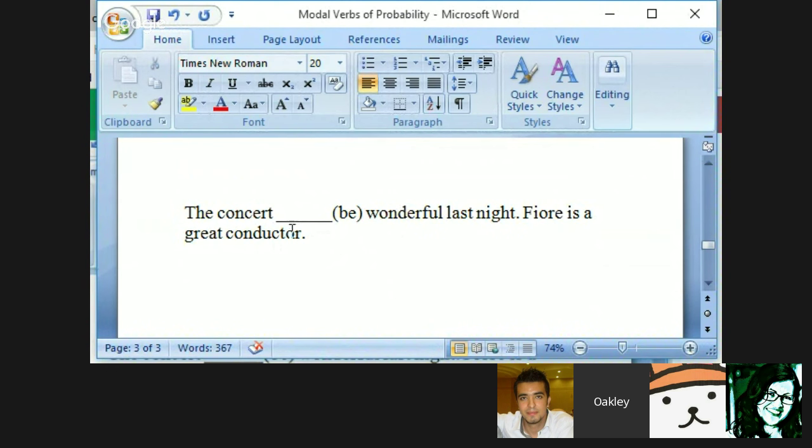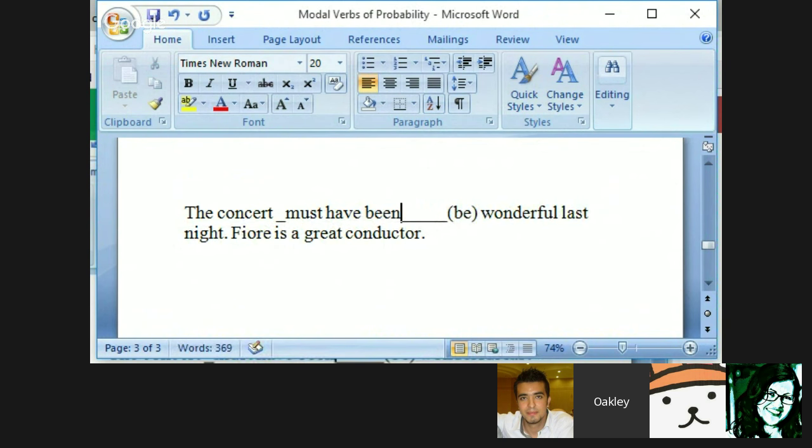Okay, Ziad, one more here. Well, again, last night. The concert must have been wonderful last night. Very good. Yeah. Pierre is a great conductor. Right. Okay. All right. So certainty in the past.